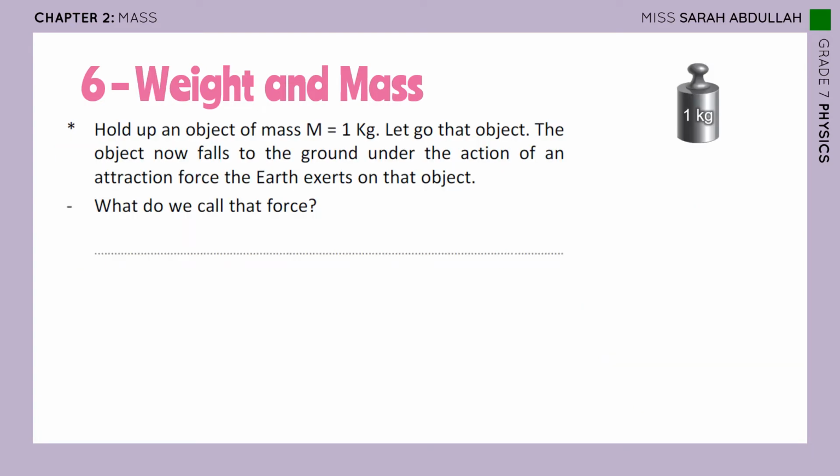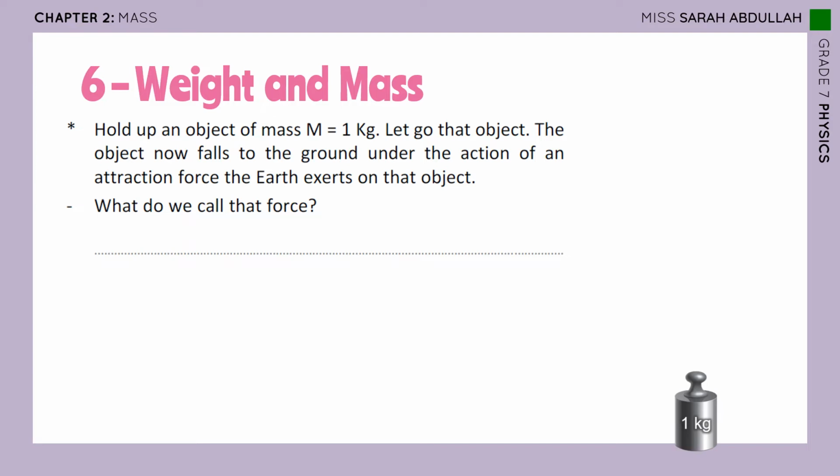It says here, hold up an object of mass m equals 1 kilogram. So this is an object of mass 1 kilogram. Let go of that object. The object now simply falls to the ground under the action of an attractive force the earth exerts on that object.